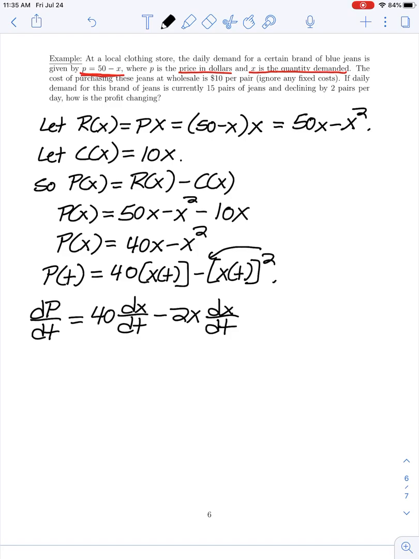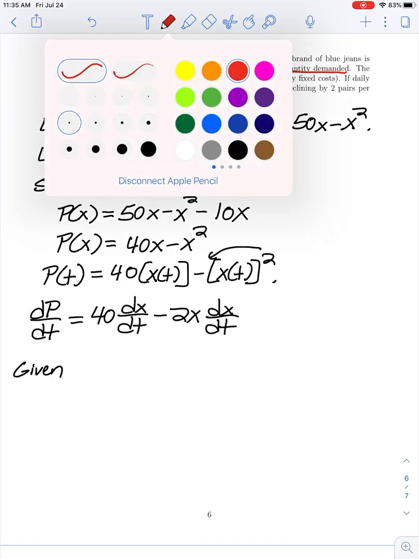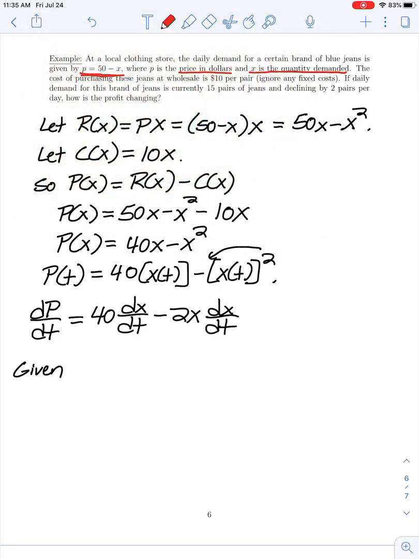So let's see what we are given in the problem statement. So here we are given the daily demand for this brand of jeans is currently 15 pairs, and it is declining by 2 pairs per day.